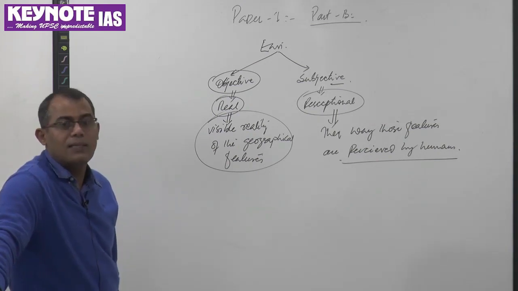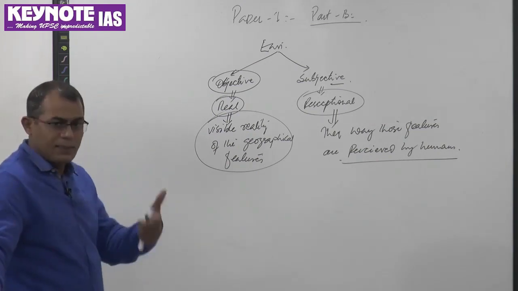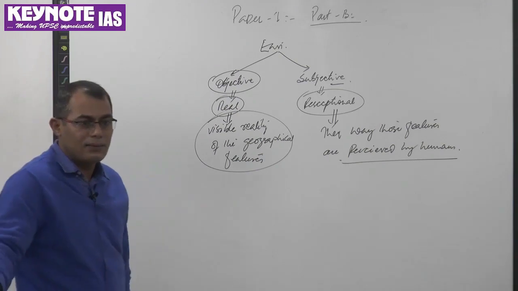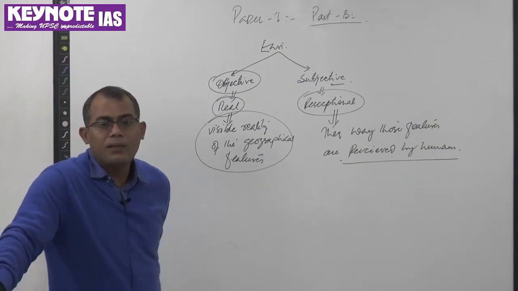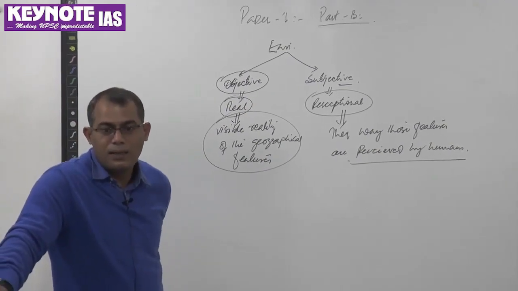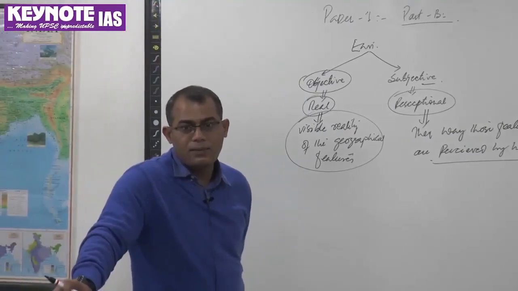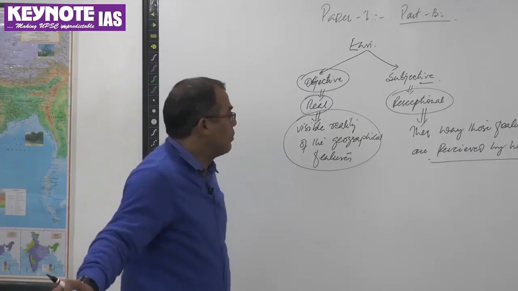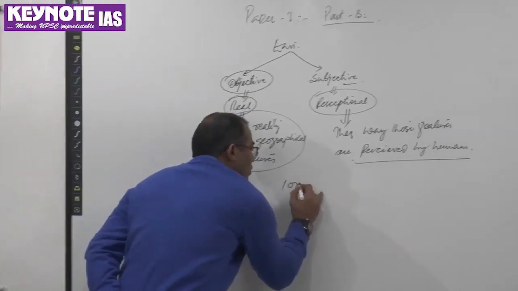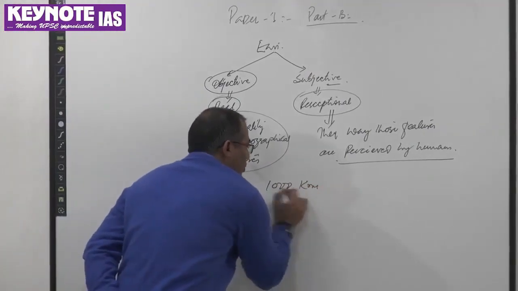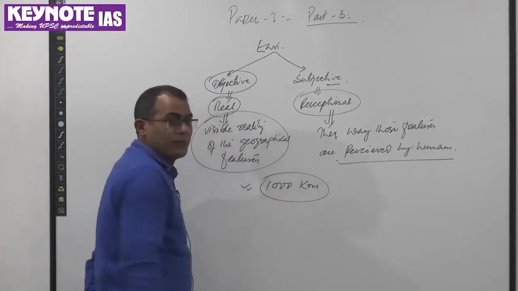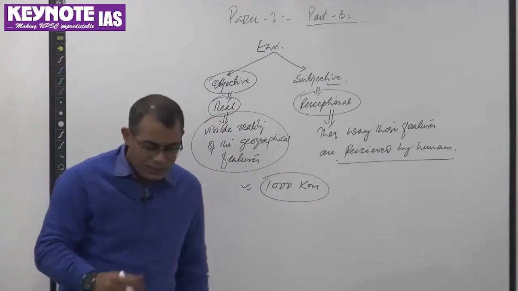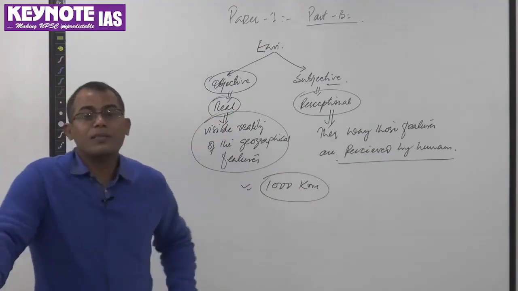Real environment. Let's say, suppose the distance. Distance is a reality. Physical distance between two places is a reality, right? So let's say, suppose a distance of 1000 kilometers. Now there is a very interesting part of how geography is different from that.